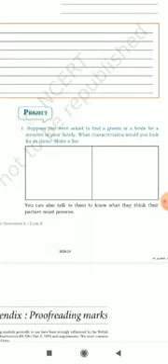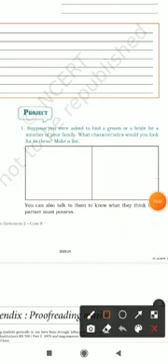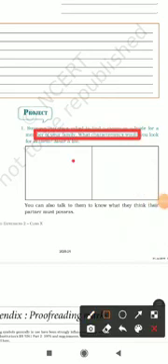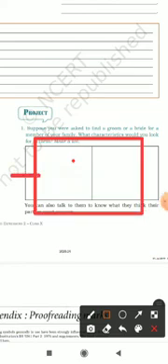Suppose you were asked to find a groom or a bride for a member of your family. What characteristics would you look for in them? Make a list. You have to make a list of the characteristics you want for a bride or for a bridegroom. So two boxes are given.